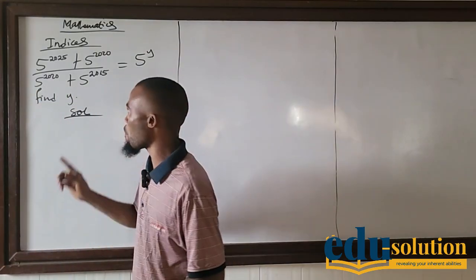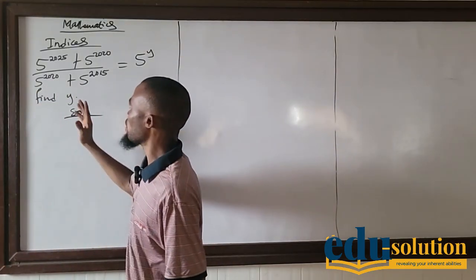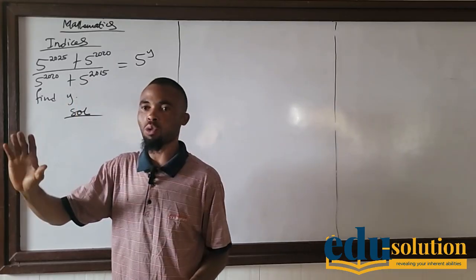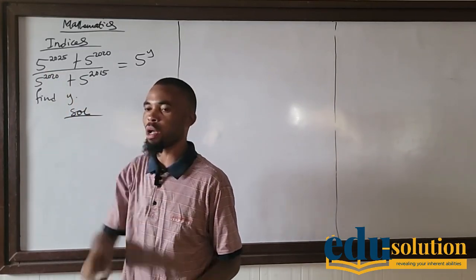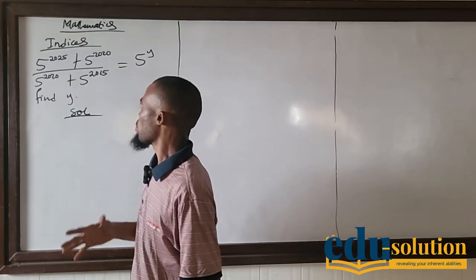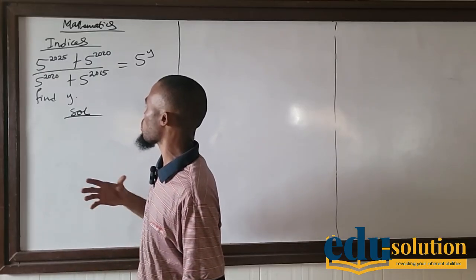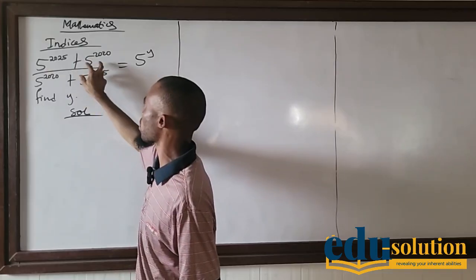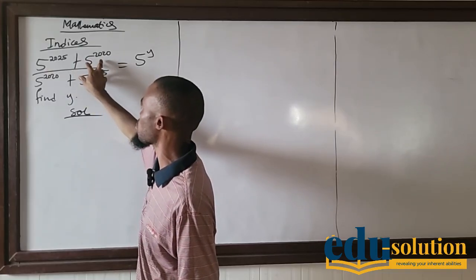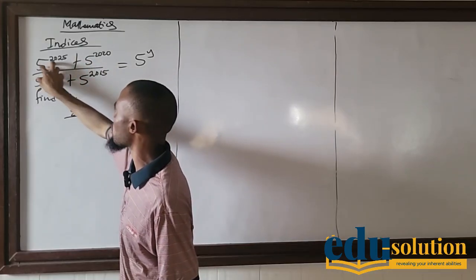That is the reason why we have to look for what we can use to factor out this expression so that we will not be committing mathematical error. So let's find it out. I will always suggest in a situation like this, let's pick the smallest value for the numerator. This seems to be the smallest because this one is bigger than this.